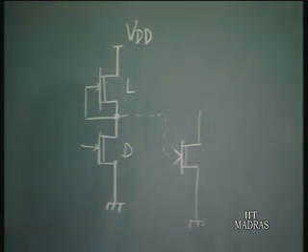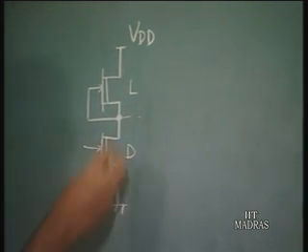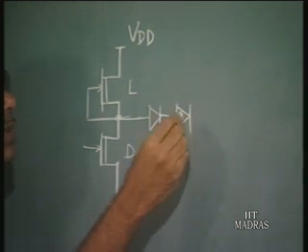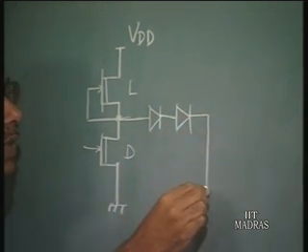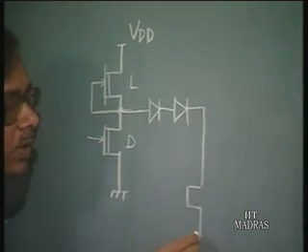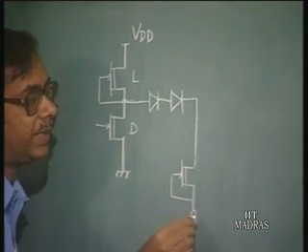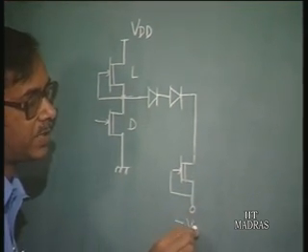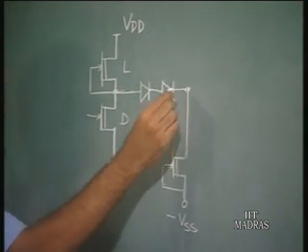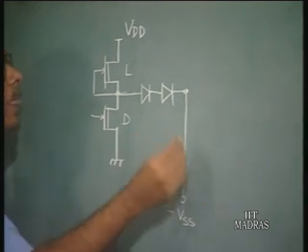The way to solve the problem is to use a level shifting arrangement. To do that, we use two diodes as level shifters, and what is called a pull down transistor, which is again a depletion mode device with the gate to source shorted, and here we have a negative supply voltage minus VSS. A current will always flow through this pull down device.